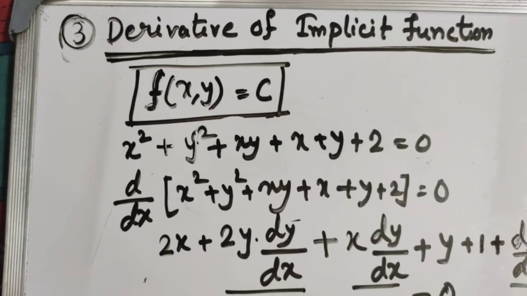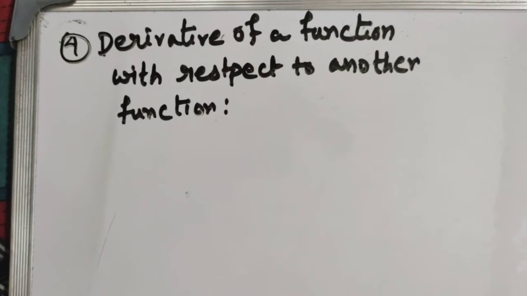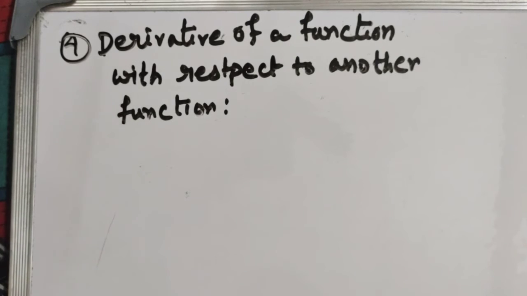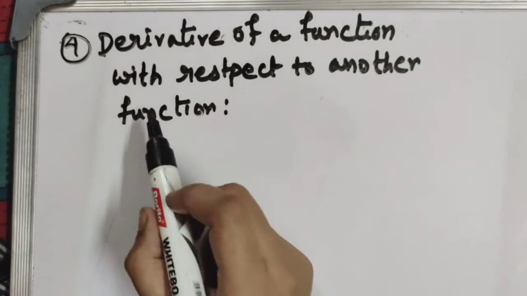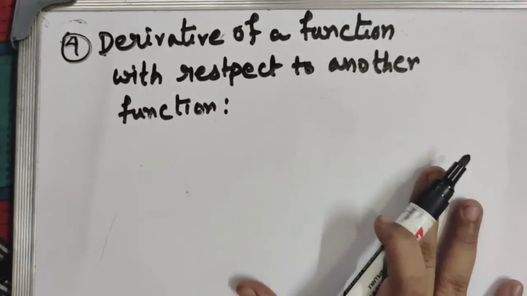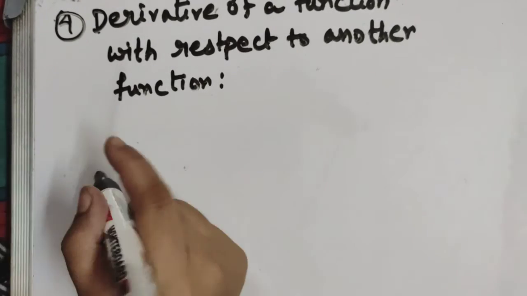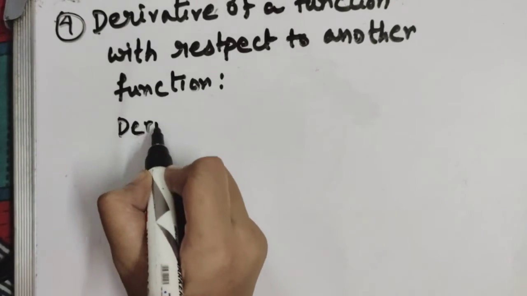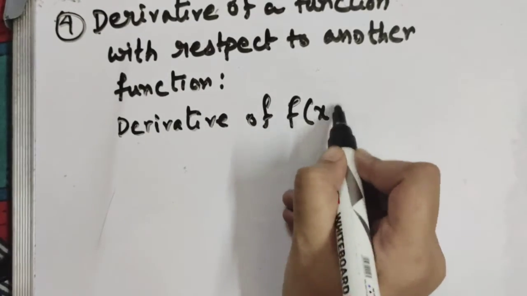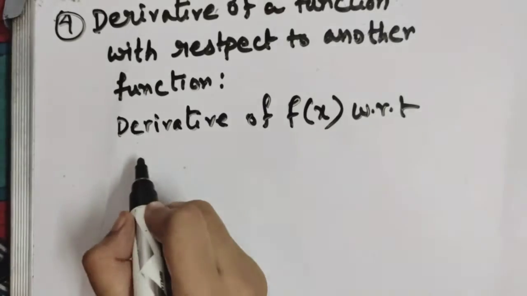So now our next topic is the derivative of a function with respect to another function. Before this we have already discussed derivatives with respect to x. Now how can we derive the derivative of a function with respect to another function? For example, the derivative of f of x with respect to g of x.